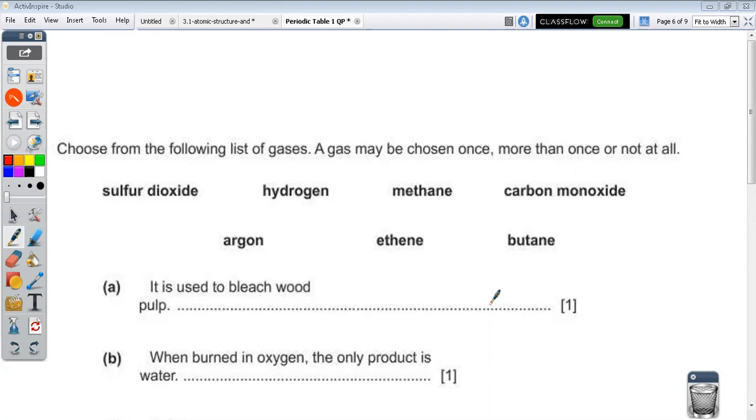You can use it more than once. The guys are quiet.